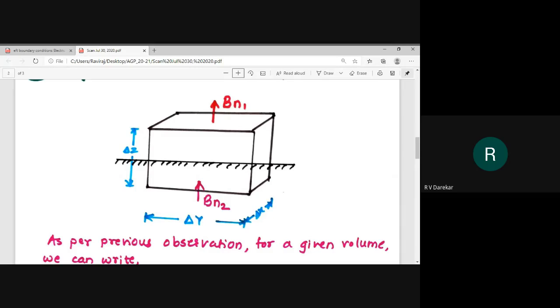We have to verify whether a wave which has notation BN2 passes through the boundary, and after passing out it is renamed as BN1. Though it is not clear, I have tried to show it with two different colors. BN2 is indicated with the pink color and BN1 with the red color. Though it is not visible, try to understand. That is, the wave is going to change its behavior partially. That we have to understand.